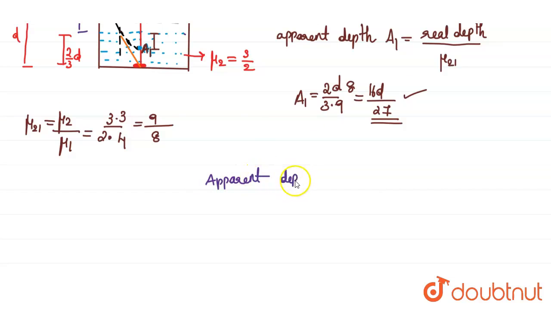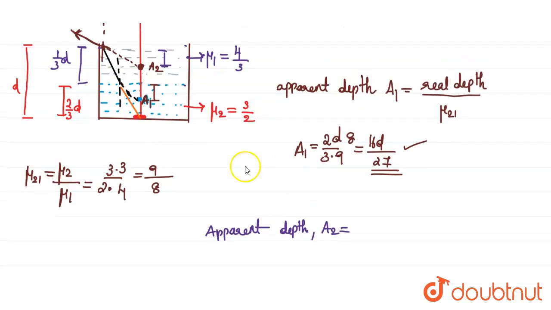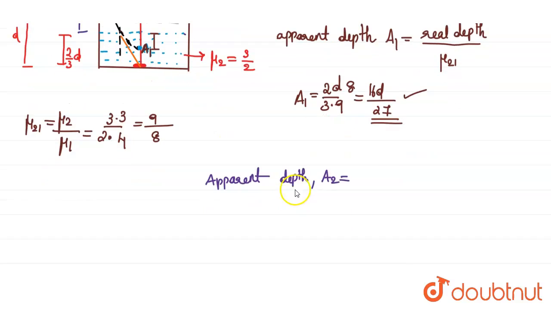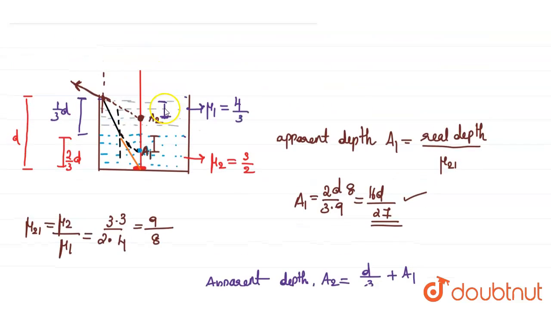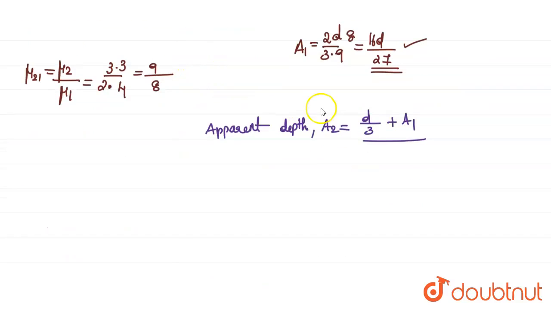Apparent depth A2 is equal to the real depth, which here means the height of the second liquid having refractive index mu1 plus A1, so D by 3 plus A1, divided by the refractive index of the first surface. The first surface is mu1 and the second is air, whose refractive index is 1.